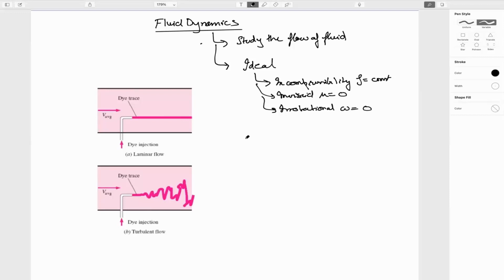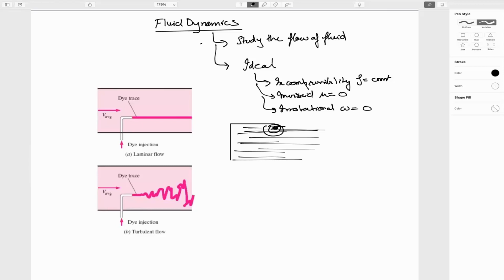Have you ever observed a river flowing, where somewhere we have a vortex flow?